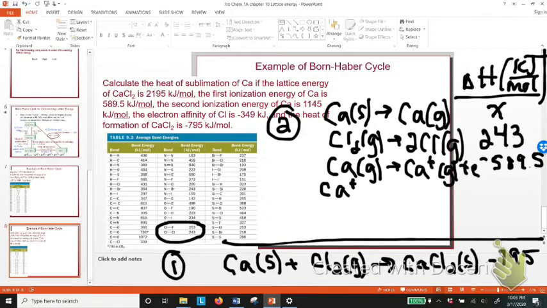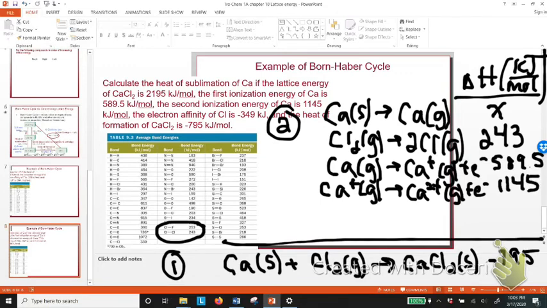So it's starting from calcium plus this time because we've already turned it into calcium plus, so it turns into calcium 2 plus and one electron. Notice I'm also drawing states on everything. Remember, the delta H value is affected by the state, so it's important that you write the states. So the second ionization energy is 1145.